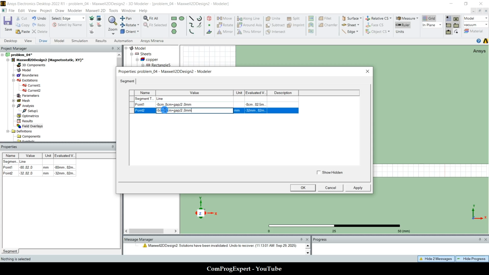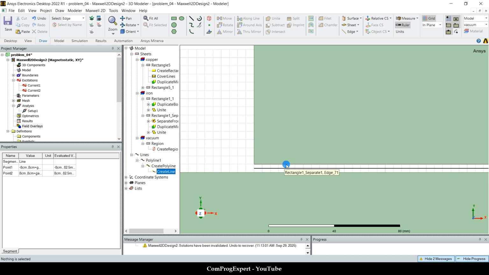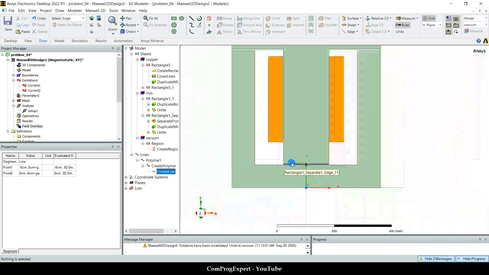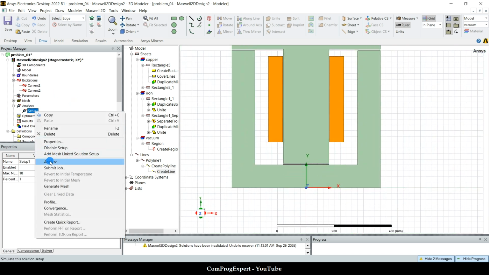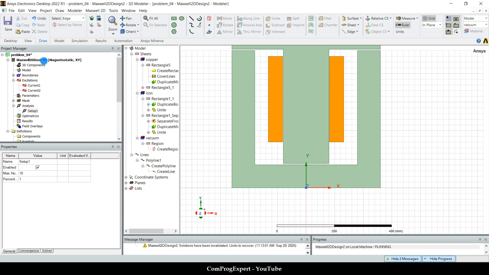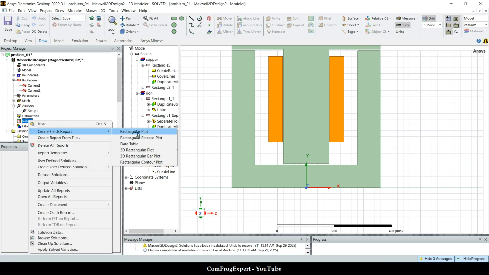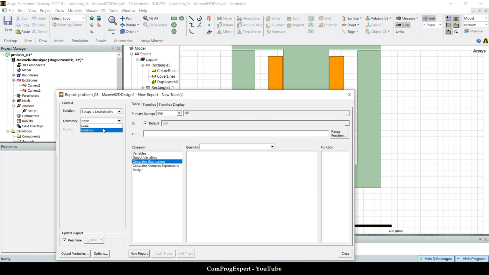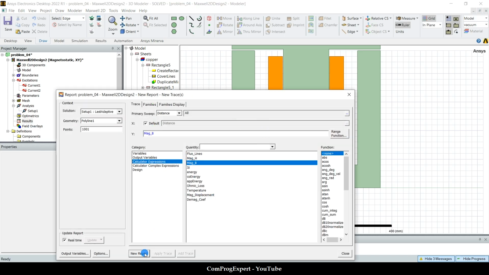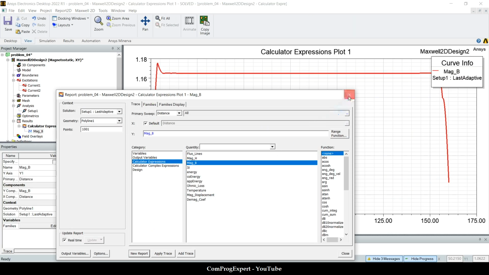The second point, the x just is 8. This is in the middle of the air gap. Let's analyze the structure again to check the level of the flux density in the air gap. So polyline 1, magnitude of the B.